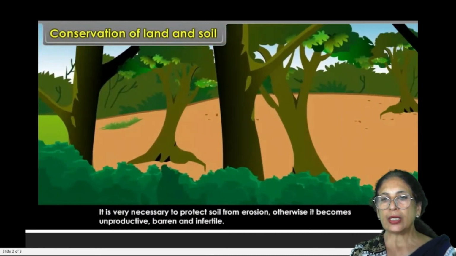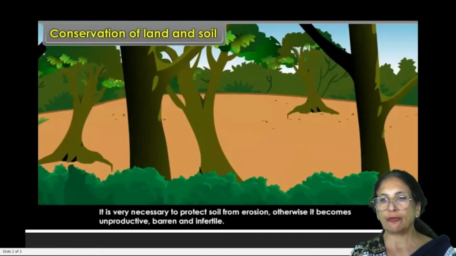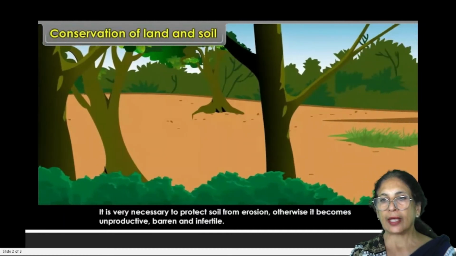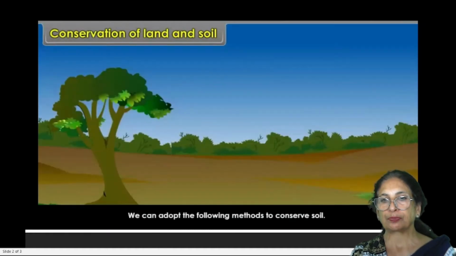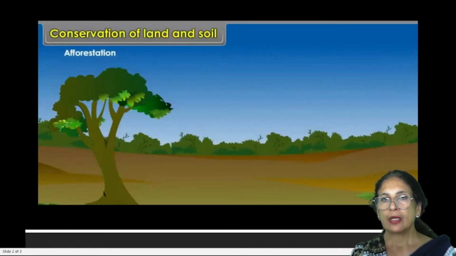It is very necessary to protect soil from erosion, otherwise it becomes unproductive, barren and infertile. We can adopt the following methods to conserve soil.